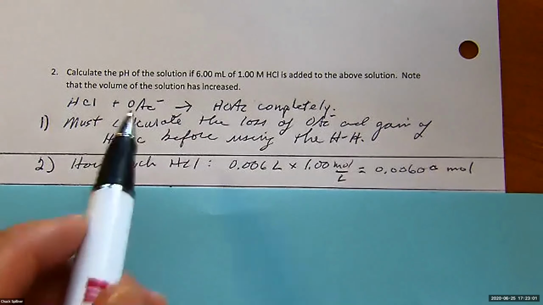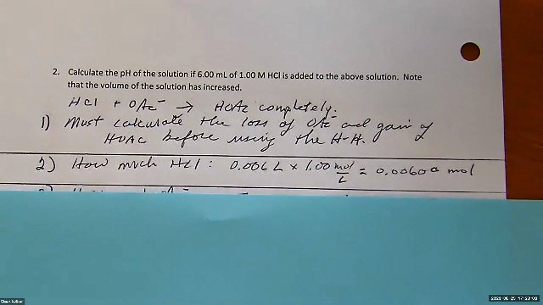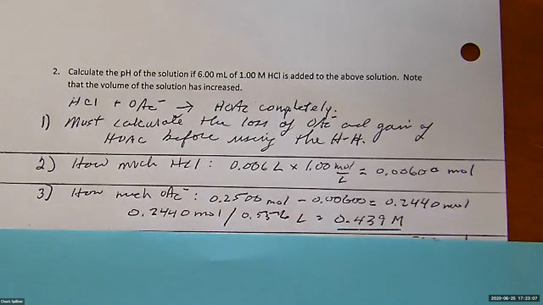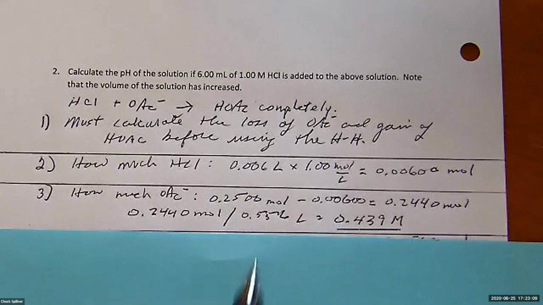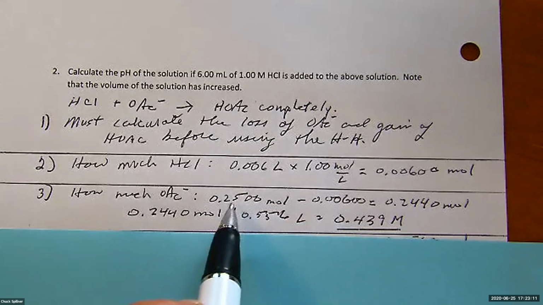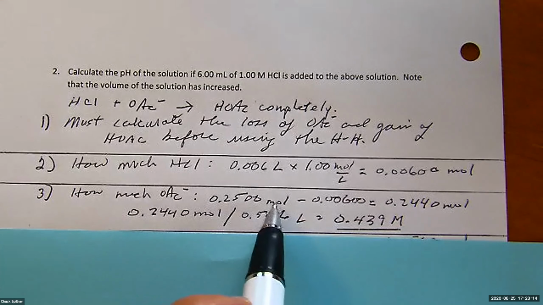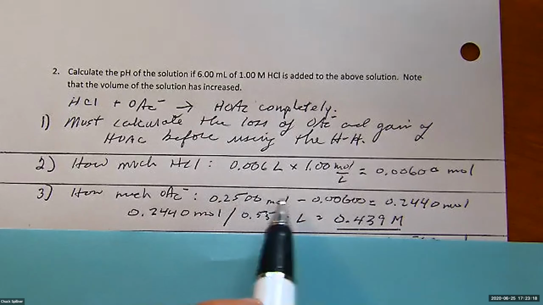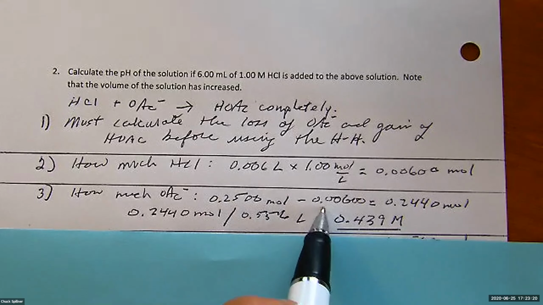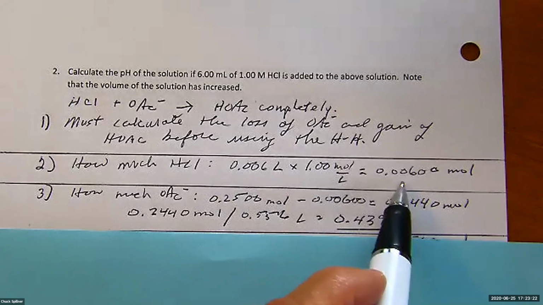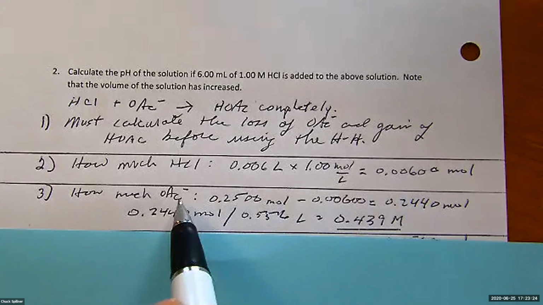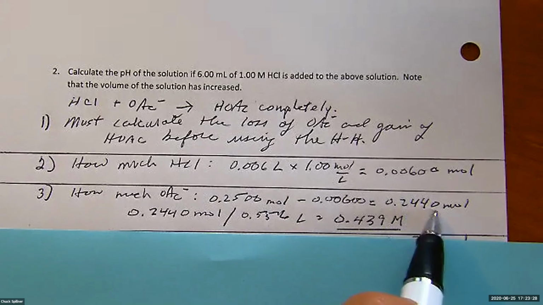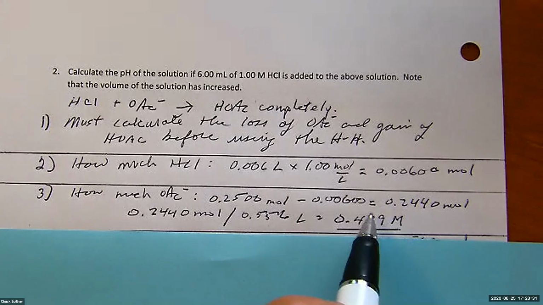So that's going to react with the acetate. If we go back to our previous problem, we determined that our buffer had 0.2500 moles of acetate anion. So we have to subtract the moles of HCl that we calculated because it's going to react with and use up acetate anion. That leaves us 0.2440 moles of acetate anion.